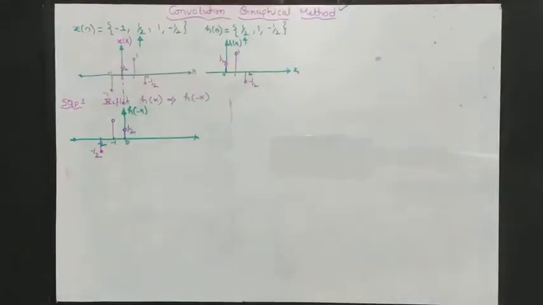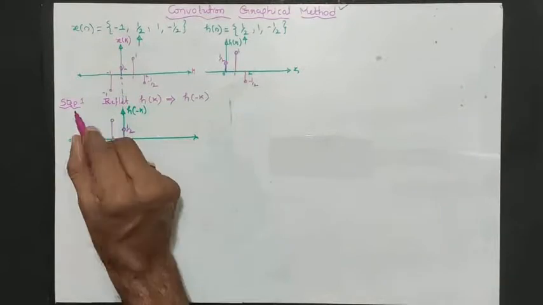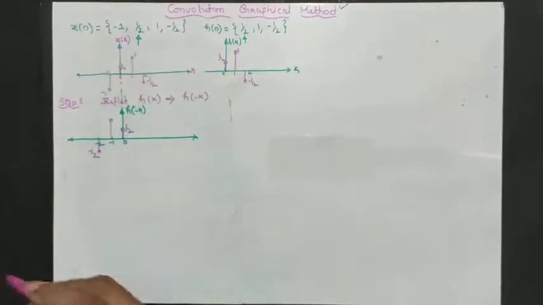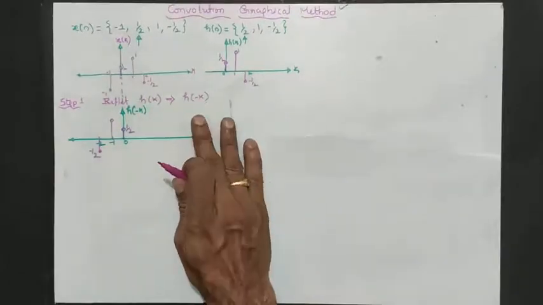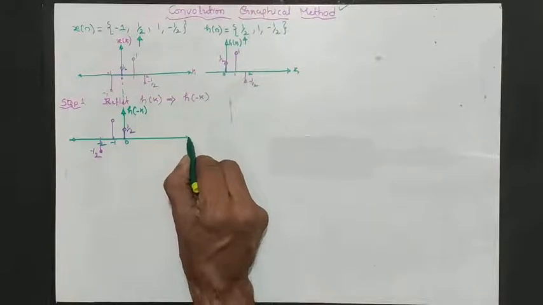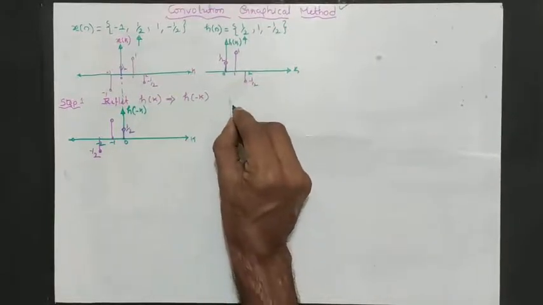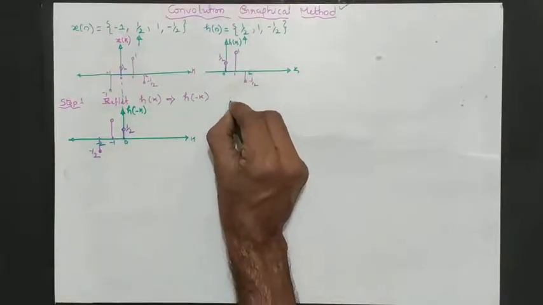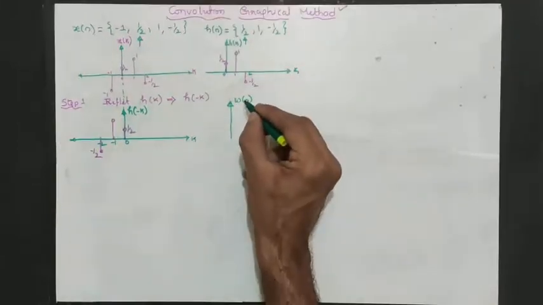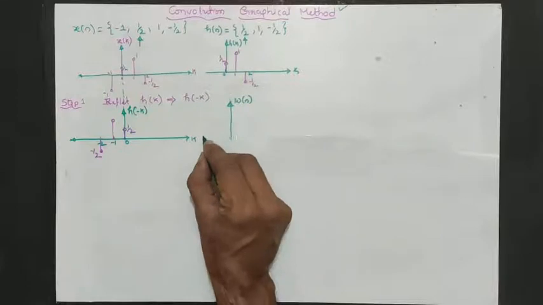Okay, now what you have to do is multiply x of k and h of minus k so as to obtain an intermediate signal. You can name it as Wn. Please try to see that it is with the order n.